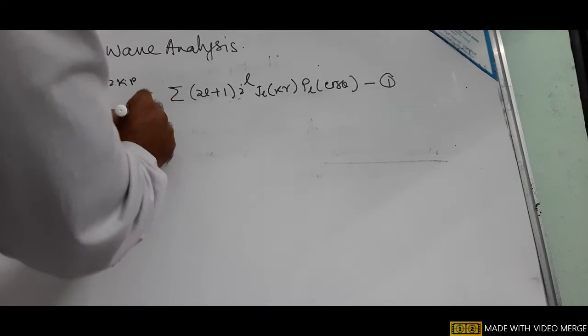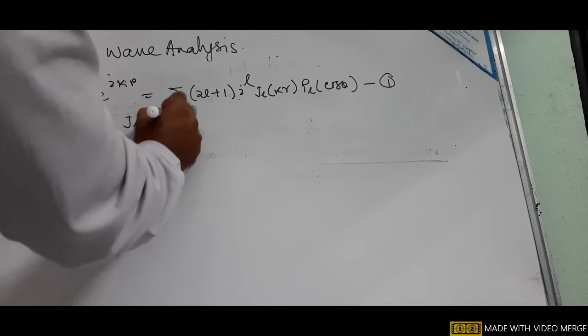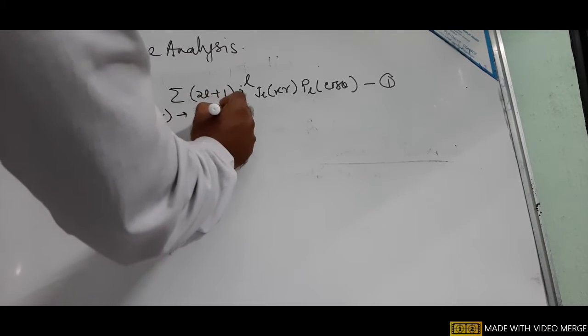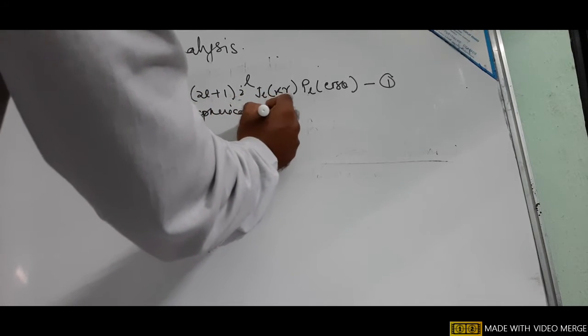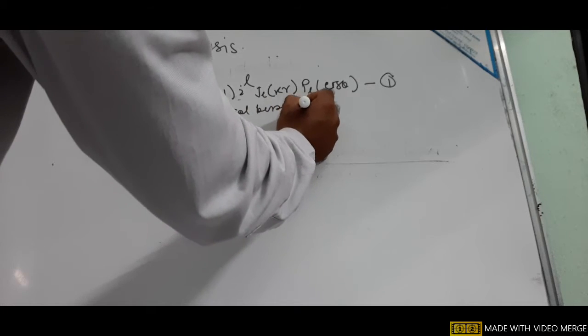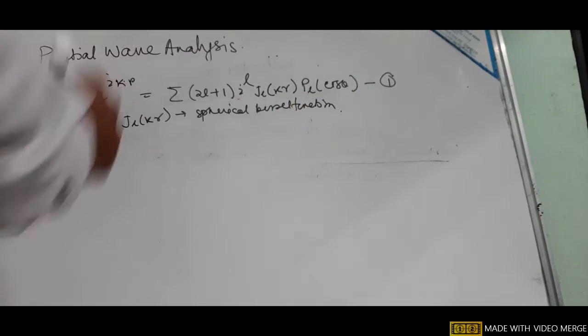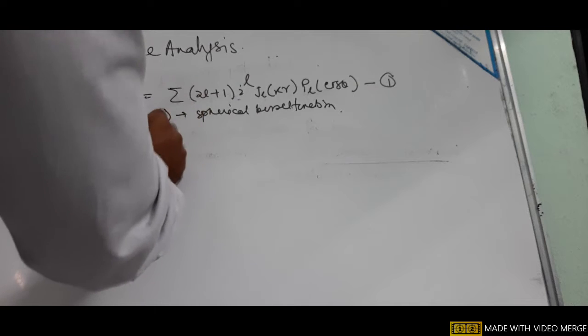That is equation 1, where j_l(kr) is the spherical Bessel function, and P_l(cos θ) is the Legendre polynomial of order l.